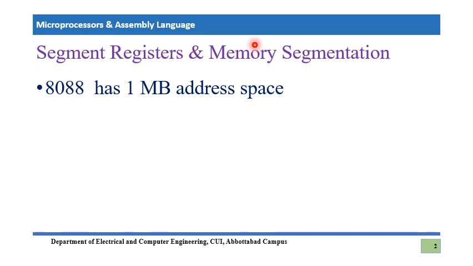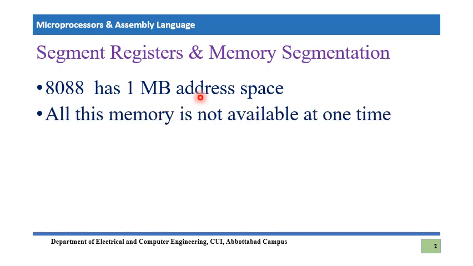8088 or 8086 has 1 megabyte of address space available, as we have learned, and this 1 megabyte address is referring to the memory space which is available for the microprocessor. But a very important fact about these memory addresses is that all of them are not available instantaneously for the microprocessor.